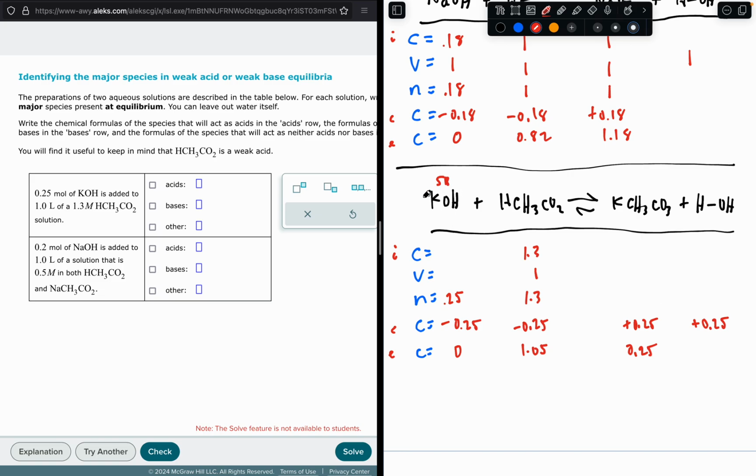So it looks like I've got here's my weak acid and my weak base.